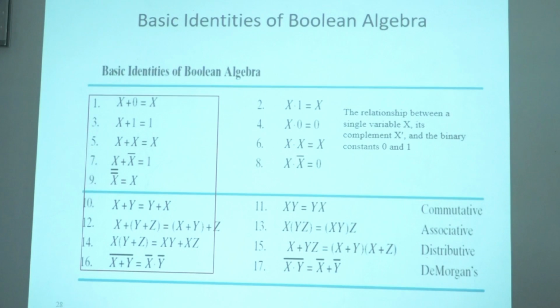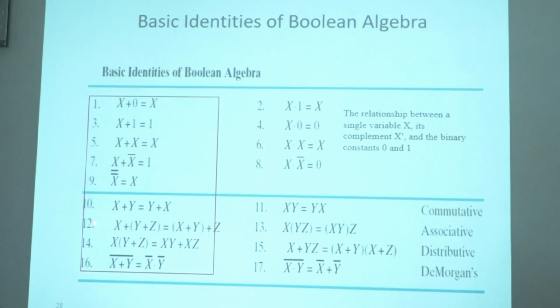Now when you look into the second half of this particular table, you can see two different variables, right? X with y or x with y and z and different operations. So x plus y is equal to y plus x. X into y is equal to y into x. X plus of y plus z is equal to x plus y of plus z.